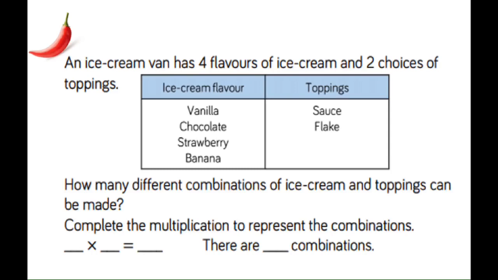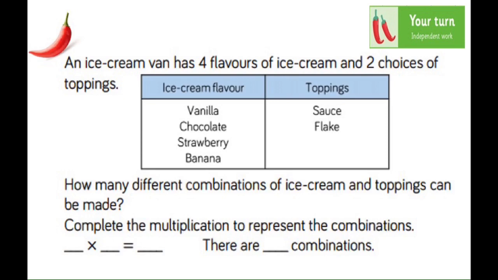Right, year fours. So remember, we're going to do a layered approach. So this one is the Chilli 1 activities. So we're going to record your ideas in your home learning book using your own code. So remember, you're going to try to find out all possible answers, this challenge, and finding out how many different combinations of ice cream and toppings can be made.